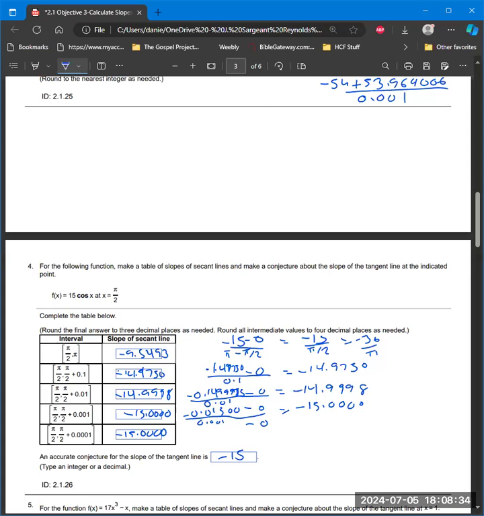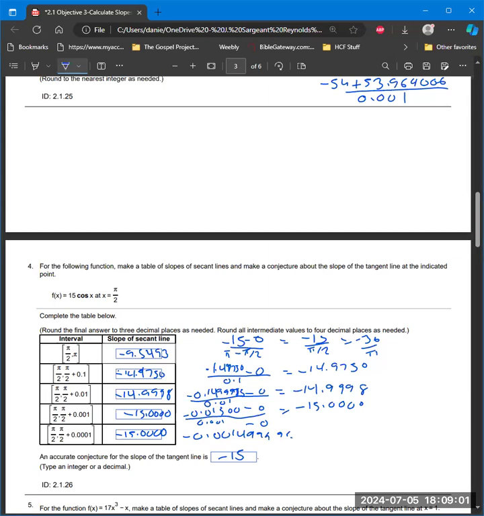So pi over 2 plus 0.0001 is negative 0.001499999.